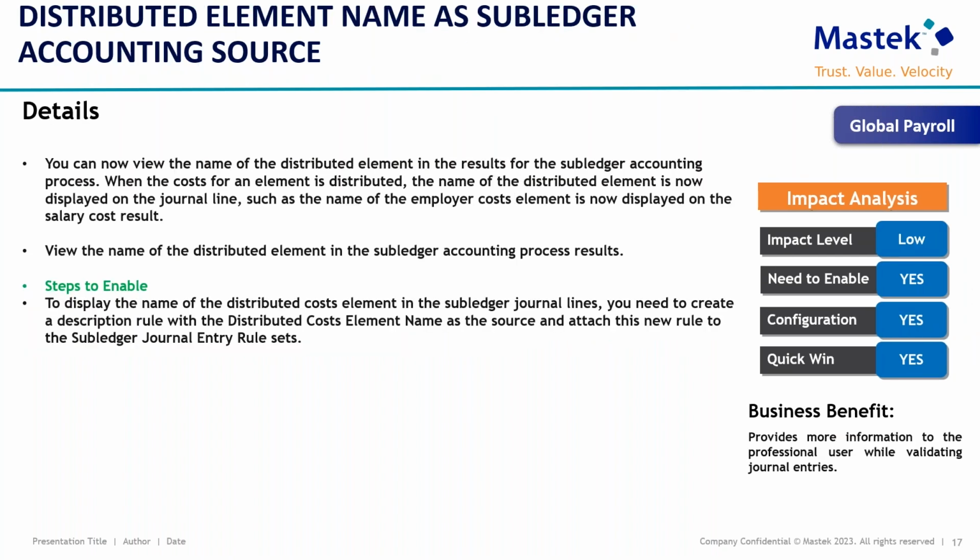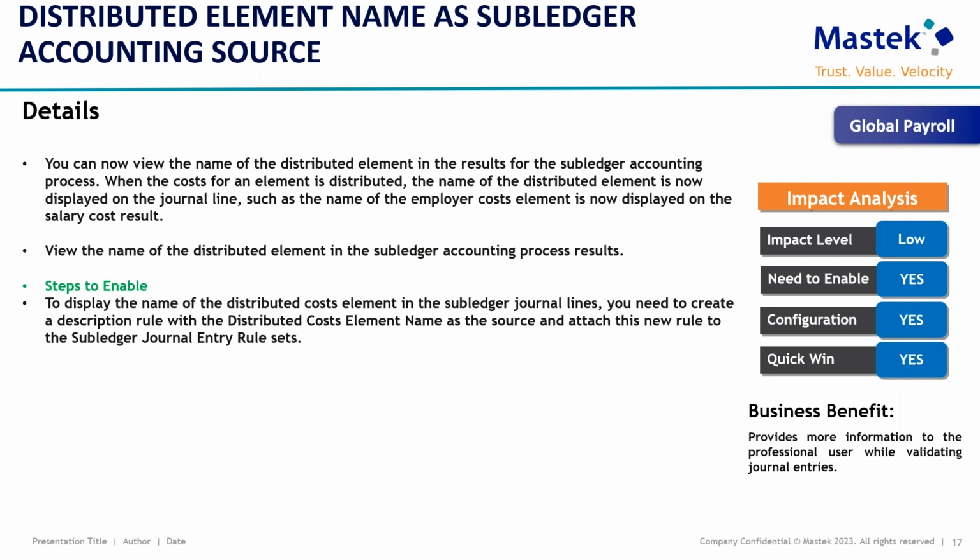Okay. Moving ahead, the next one is distributed element name as a subledger accounting source. So till today, if we are using distributed element costing at the subledger level and at the accounting level, we don't have visibility to see which element is distributing what particular details.